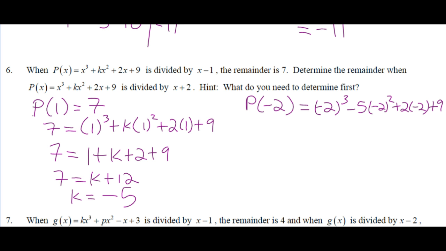Everybody good with that? The first part of the question gave us the information to determine k, and the second part is just to use the remainder theorem. And hopefully, minus 20.